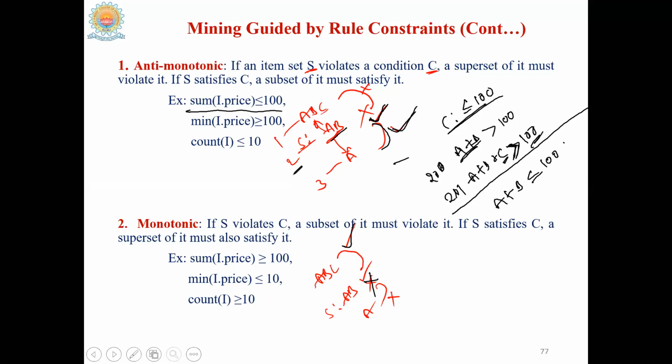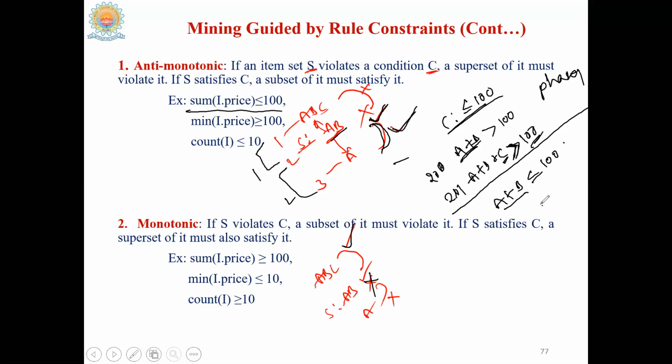This is the second phase of the rule, and this is the first phase of the rule. We have just now looked into the first phase, and we are now going to look into the second phase. That is, if an item set obeys the condition, obeying in the sense that the sum of the costs of A and B is less than or equal to 100, then the same condition is true for its subsets also, according to the second phase of the anti-monotone property.